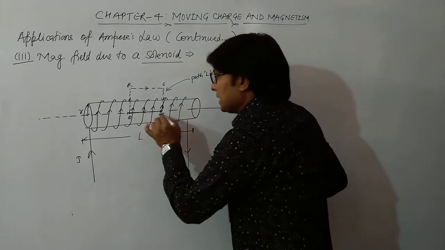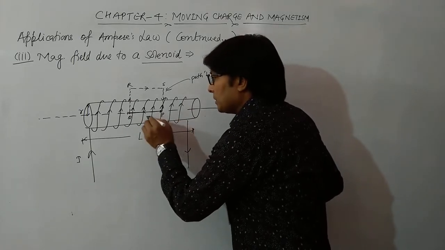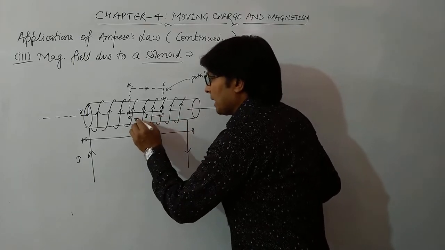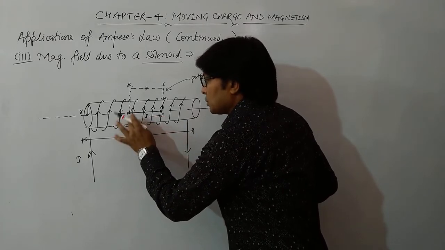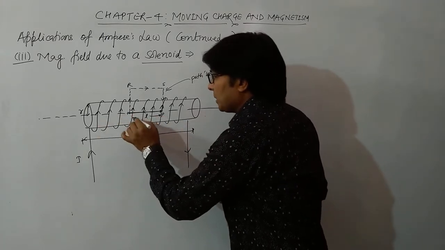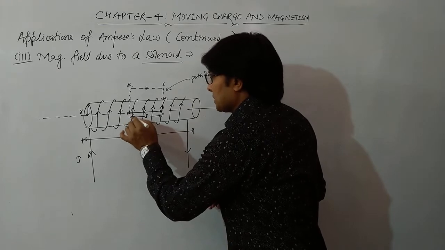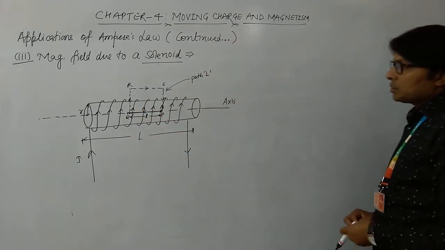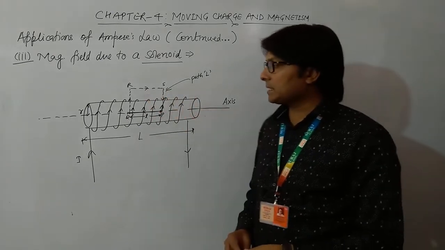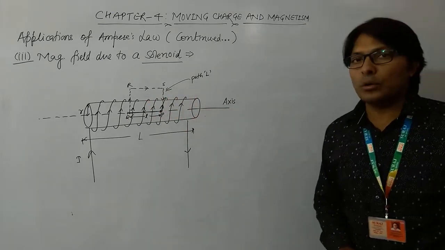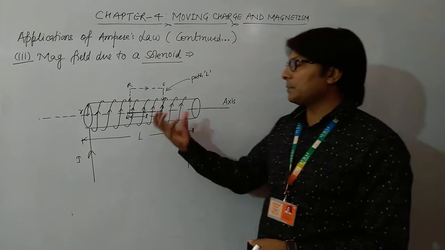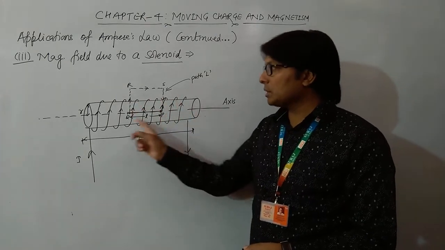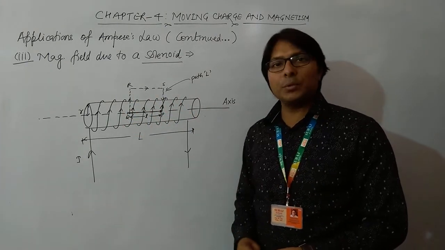Suppose the length of the path PQ is small l, where capital L is the total length of the solenoid. Let us apply Ampere's law on this closed path PQRS.